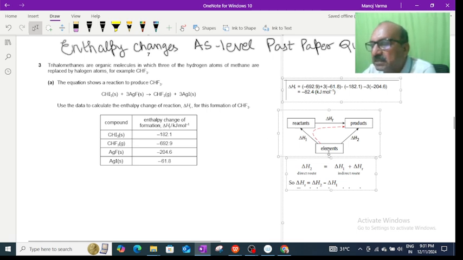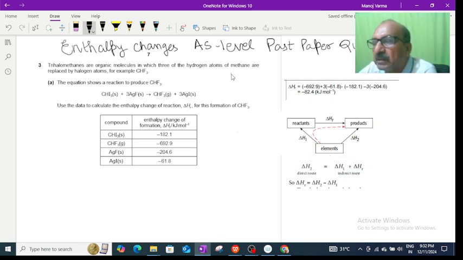I have explained this concept here: when the elements combine together to form any of the molecules, for example carbon and hydrogen react to form methane, or carbon and hydrogen react to form some other compound, whatever enthalpy change takes place is known as the enthalpy change of formation. For example, if we have to form water, what should we write as the equation?